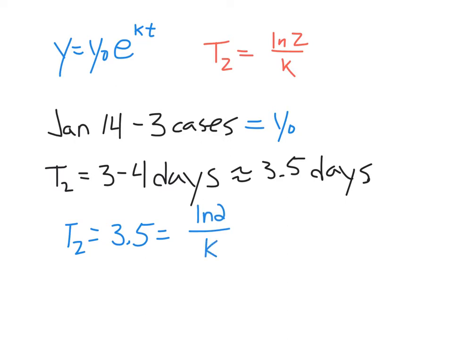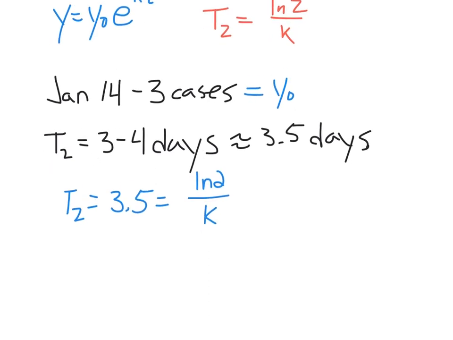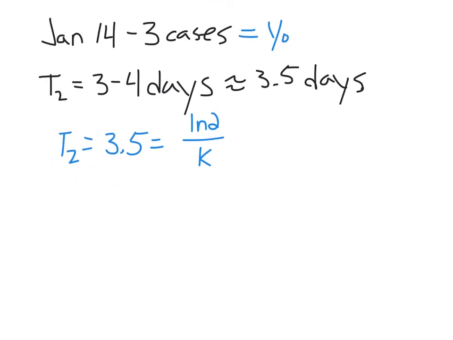And we're going to use that to solve for k. So then k equals the natural log of 2 over 3.5, which is approximately 0.19804.